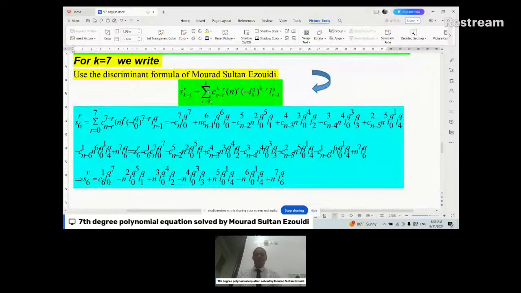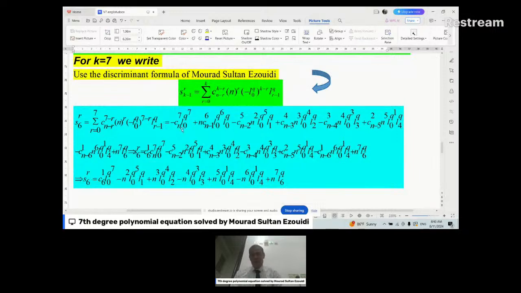The sum from 0 to k means the sum from 0 to 7, of the combination n minus r choose 7 minus r, times n raised to the power r, times negative 0 for all the q, 7 minus r, times a0 for all the q.